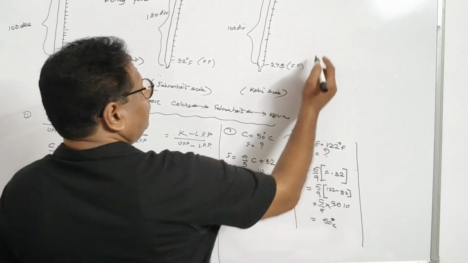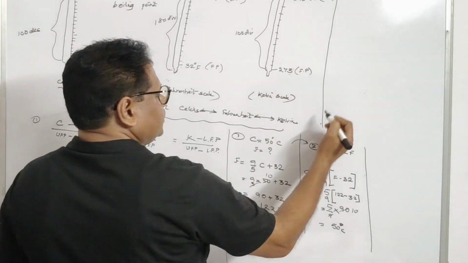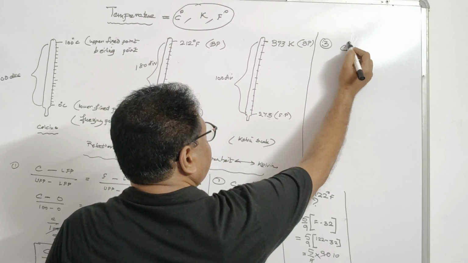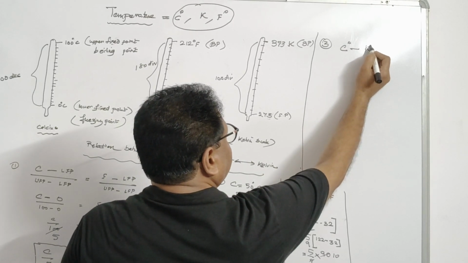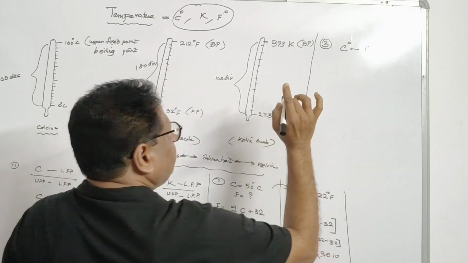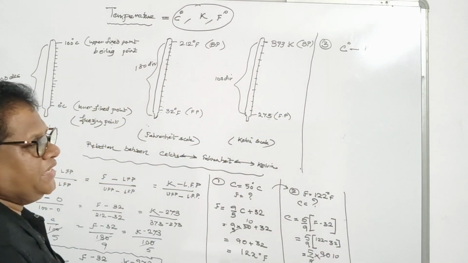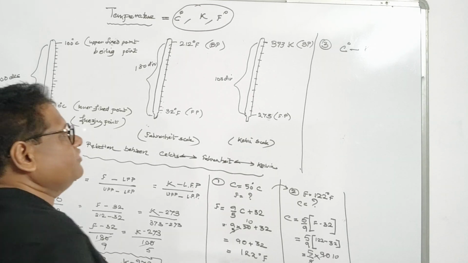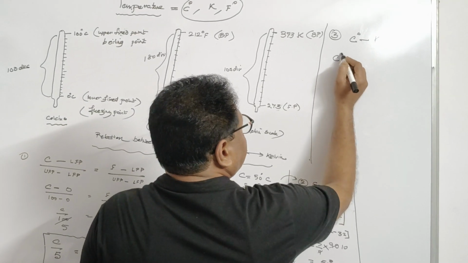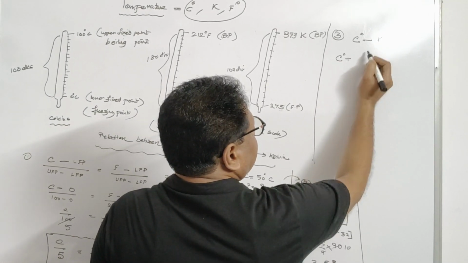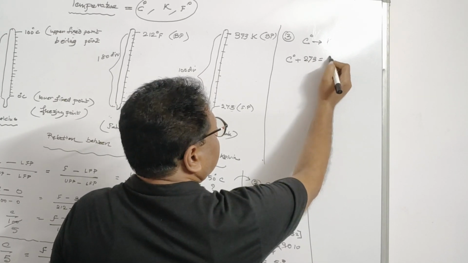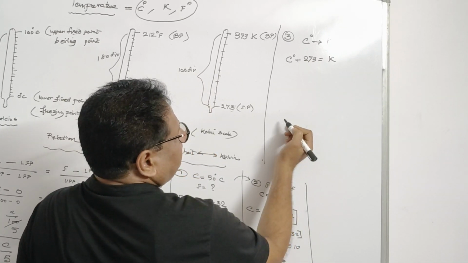Now we have the conversion for Kelvin scale. Suppose the question asks Celsius degree to Kelvin scale. Then there is a very simple conversion. Please don't use the formula C by 5 equals K minus 273 by 5 for these two. There is a very simple conversion. That means Celsius to Kelvin, you just add 273 so that you get Kelvin scale.